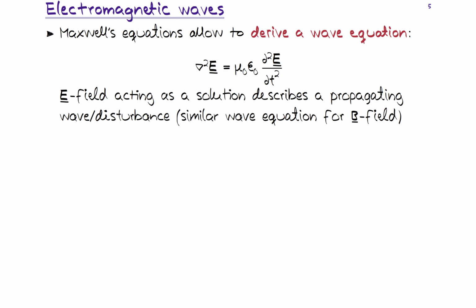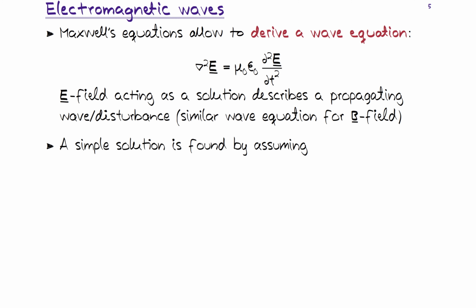Of course, similar wave equations exist for the magnetic field, so don't worry about that. More on that later. Now we just need to focus on the electric field component, and that's enough for our description right now.